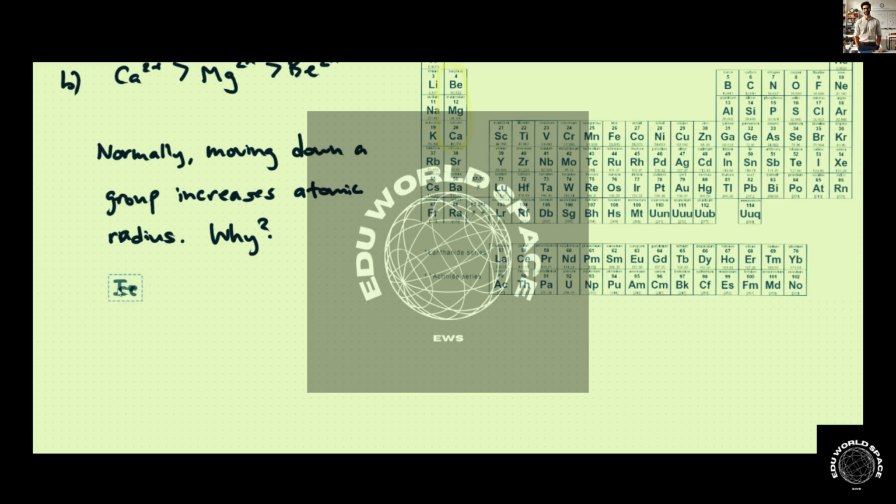And this repulsion is because instead of just adding one electron like we did with iodine, you're adding a whole shell of electrons, which increases the radius.